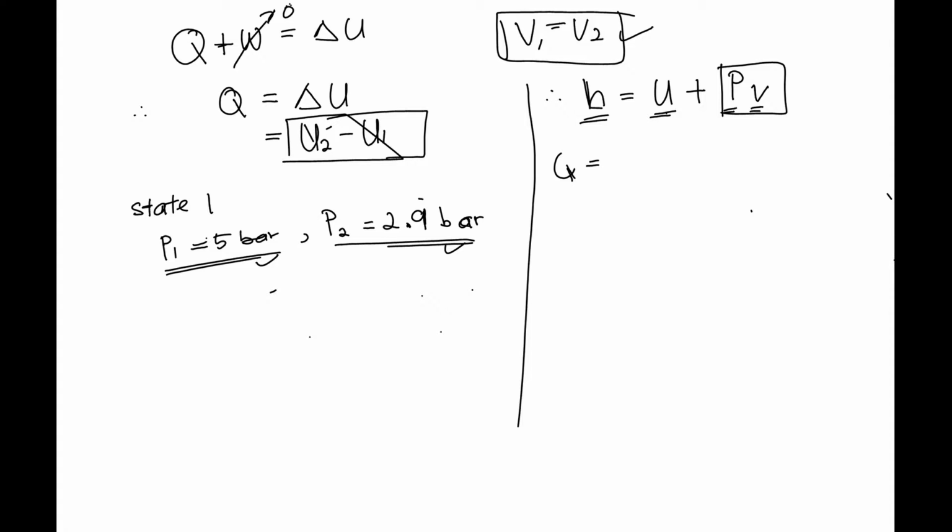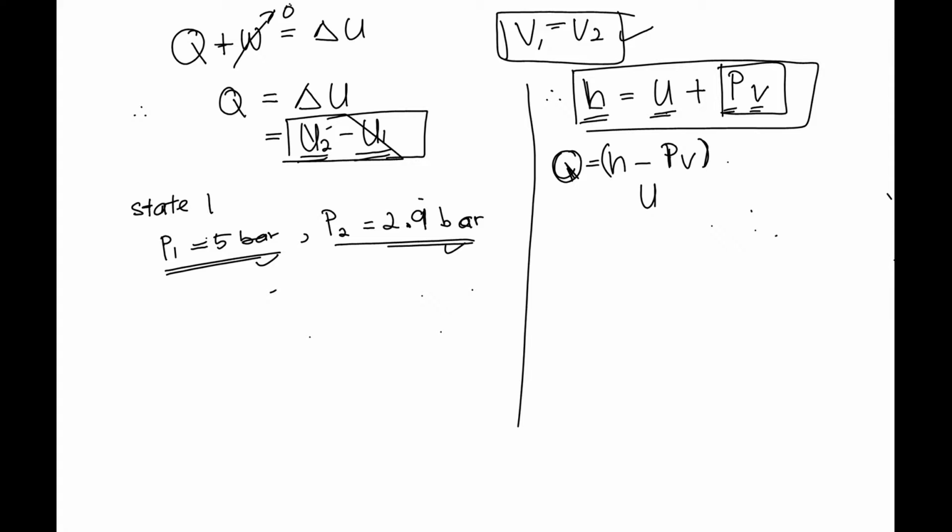So what I'm going to do, Q is relative to its equation, but still in terms of internal energy. U is equal to H minus PV, because H minus PV is equal to internal energy. In this case, H2 minus P2 V2, minus specific enthalpy at state 1 minus P1 and specific volume 1.